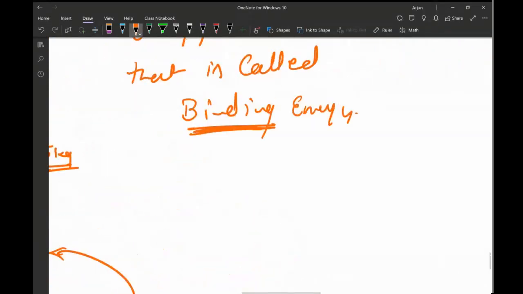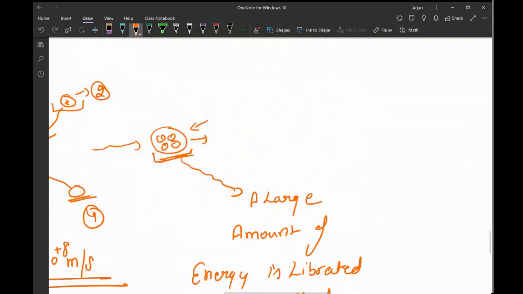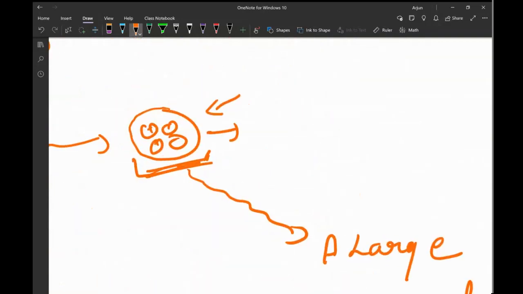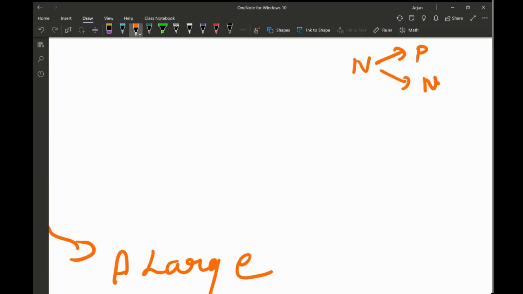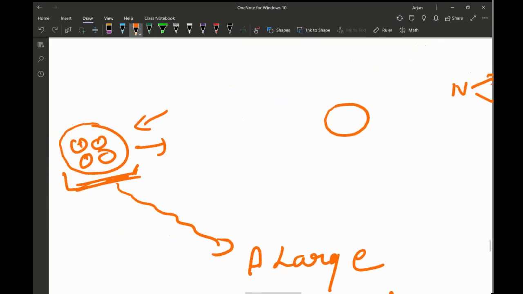So in this case, there were four nucleons, 2 protons and 2 neutrons. One thing I also wanted to tell you is that a nucleon can be a proton or a neutron. So when I'm using the term nucleon, it can be a proton or a neutron. All right, so this is a nucleus, as I said.